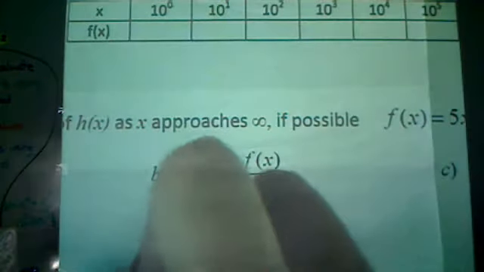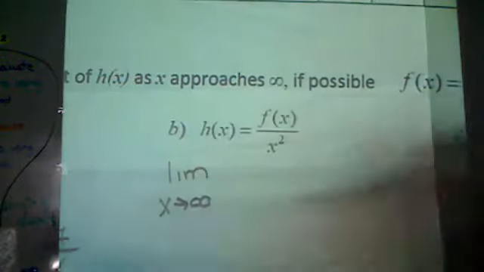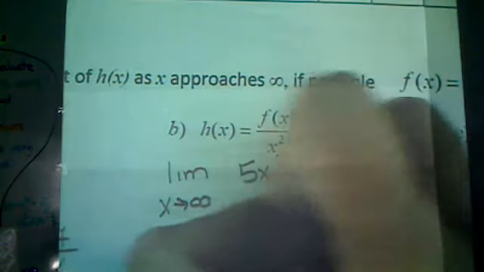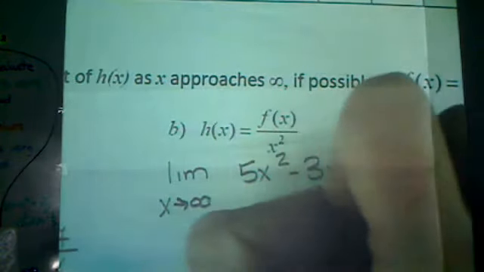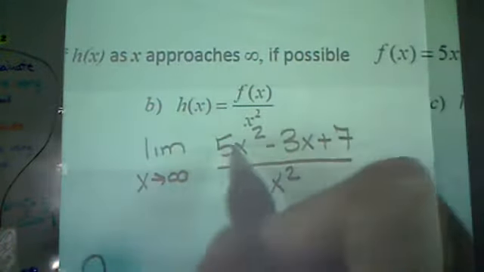In the next equation, we're going to have the limit as x approaches infinity of 5x squared minus 3x plus 7 all over x squared. Again, we're going to divide this into 3 separate fractions.